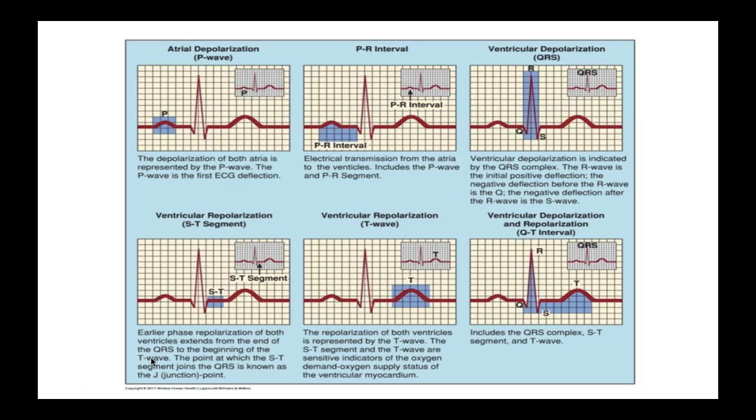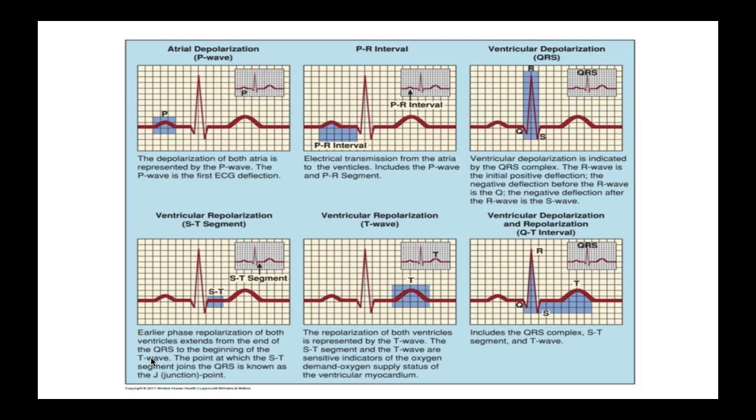So we may see a PR interval that's longer than it should be, and we'll talk about what that is. That's a first-degree block. We may see a wide QRS complex. We call those bundle branch blocks, and we'll talk about those. And then we want to look at our ST segment. That's where we would see ischemia or injury occurring, ST segment.